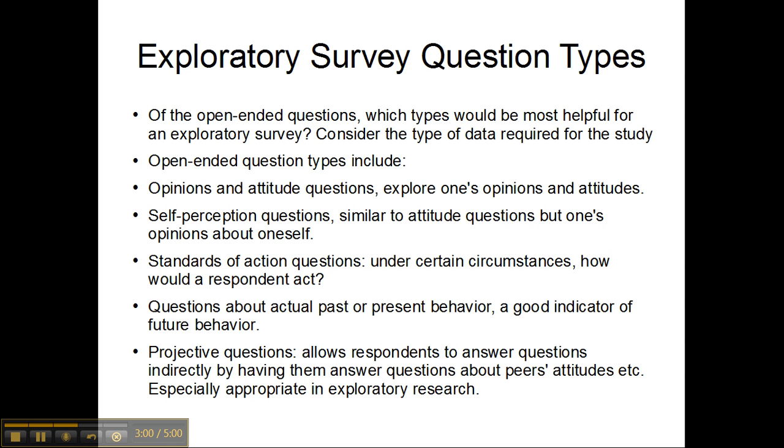Exploratory survey question types. Of the open-ended questions, which types would be most helpful for an exploratory survey? Consider the type of data required for the study.